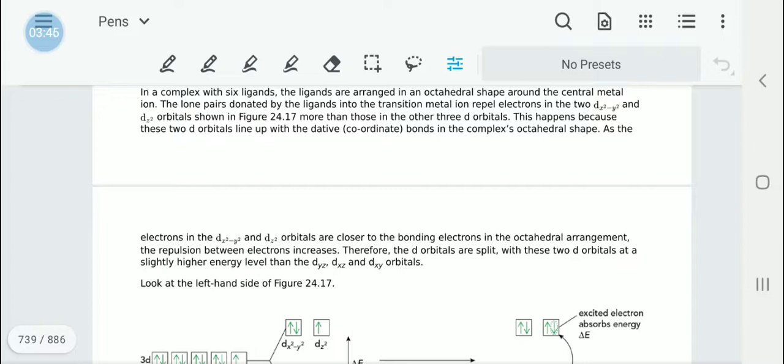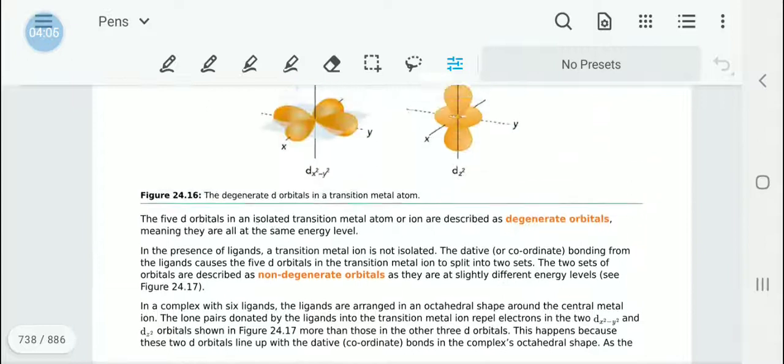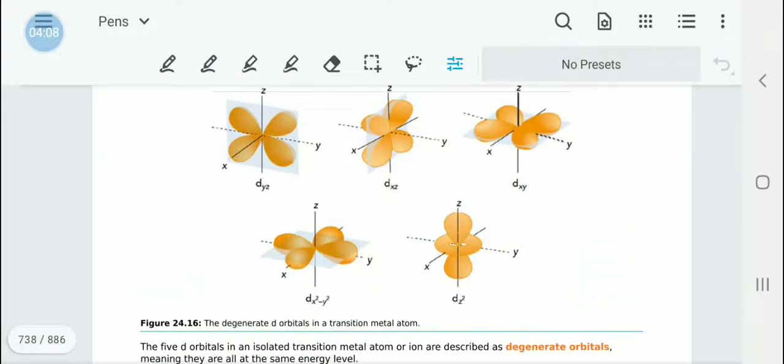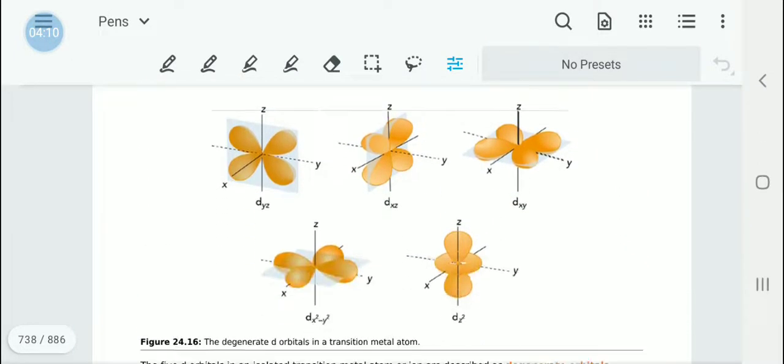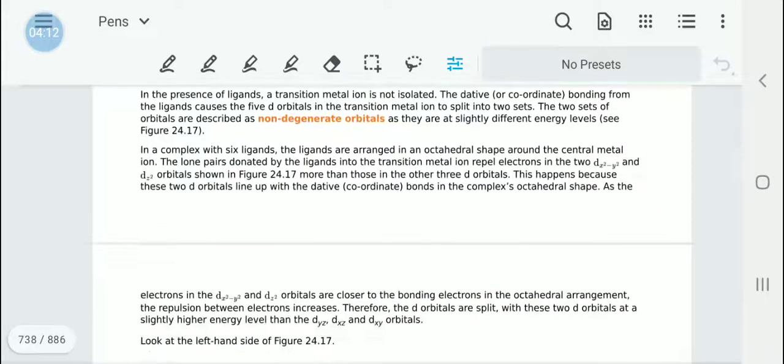Now when these ligands get arranged in an octahedral shape, the lone pairs would be given by the ligands, and they will repel the dx2-y2 orbital, which will be repelled when it is octahedral.